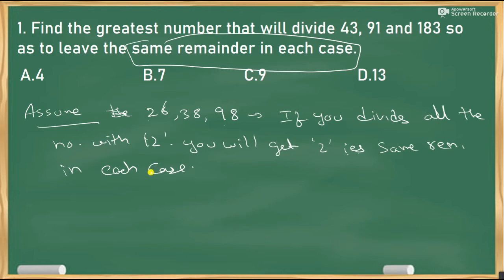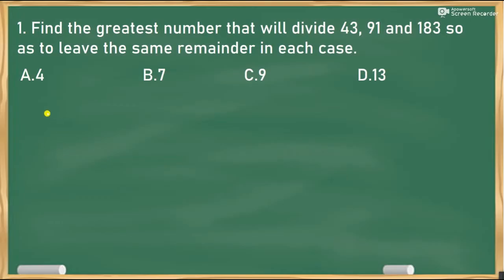Now let us take both the sets. We have one set 24, 36, 96, and one more set 26, 38 and 98. Now in both the cases, what is the same?